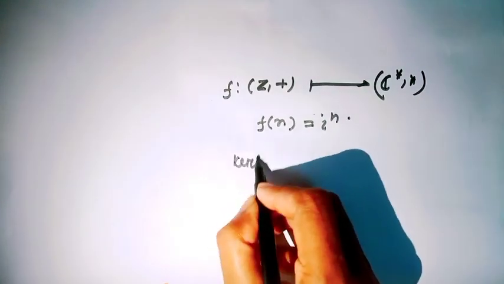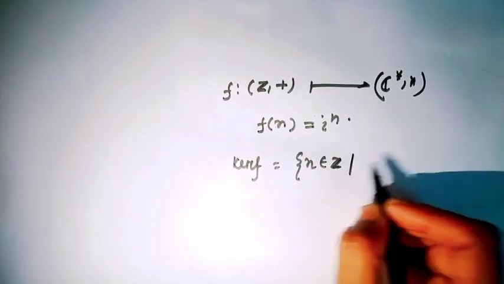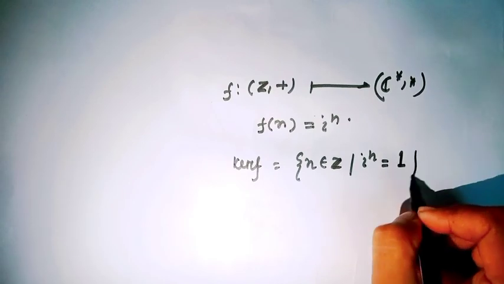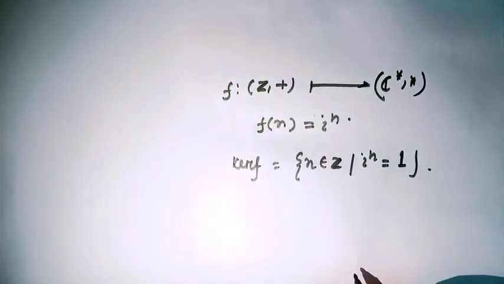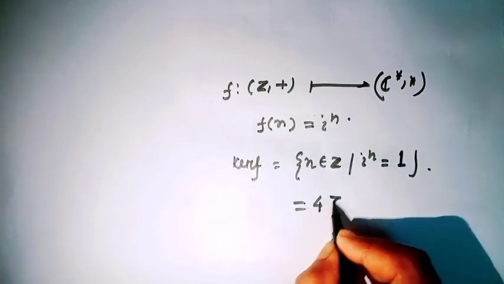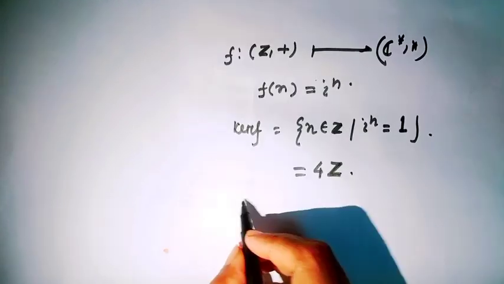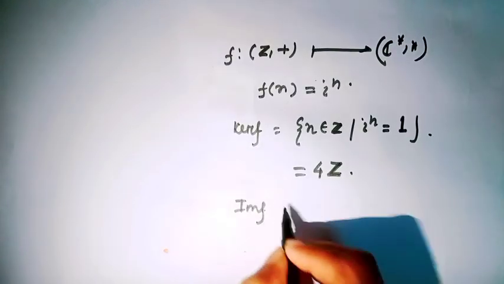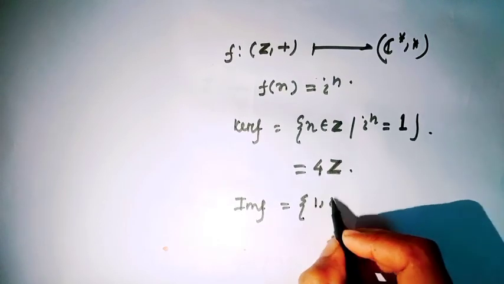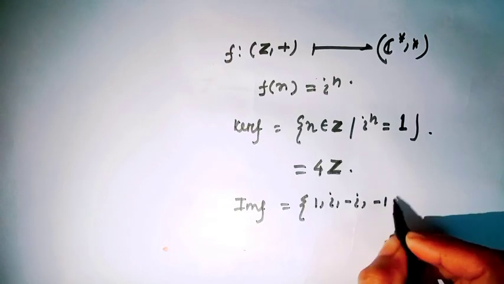Kernel of f equals the set of all n in the integers such that i to the power n equals 1, and this set is 4Z. The image of f is the set containing 1, i, minus i and minus 1.